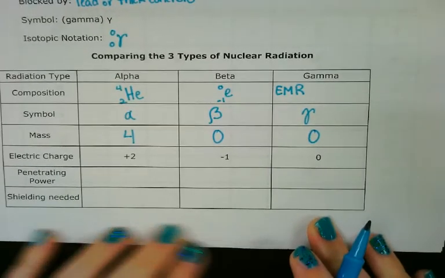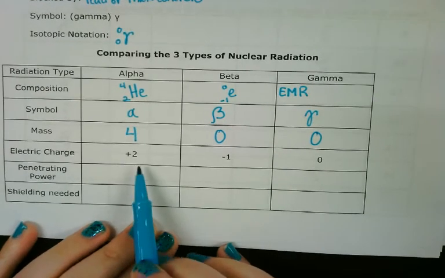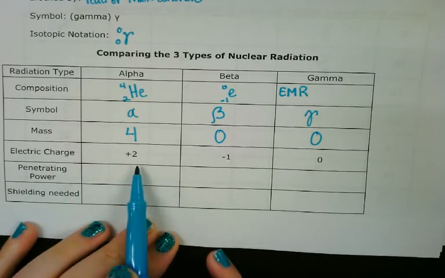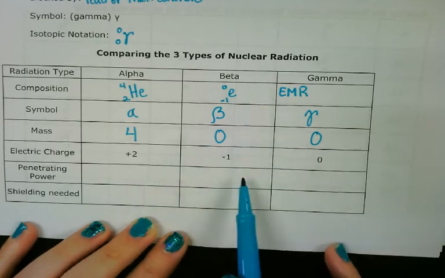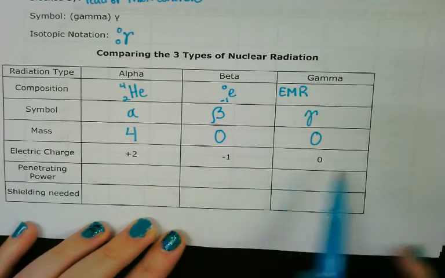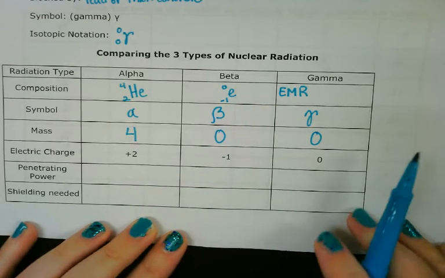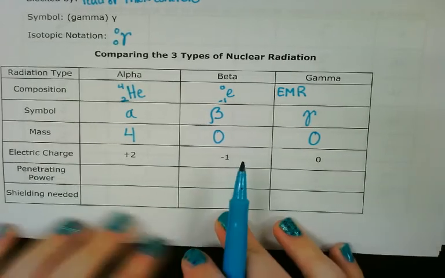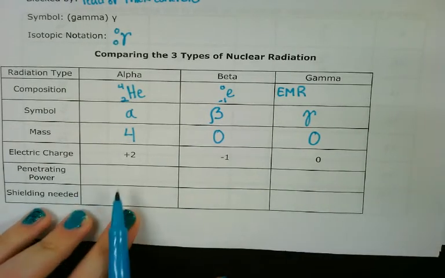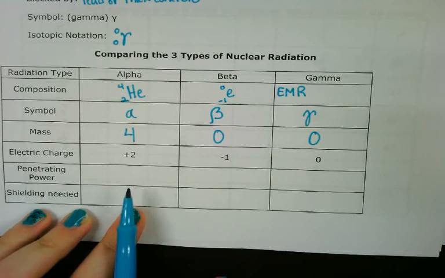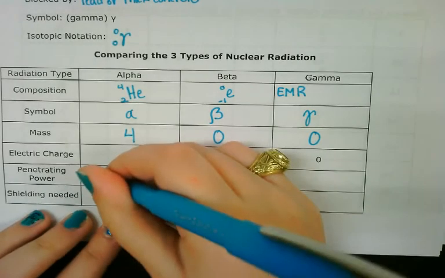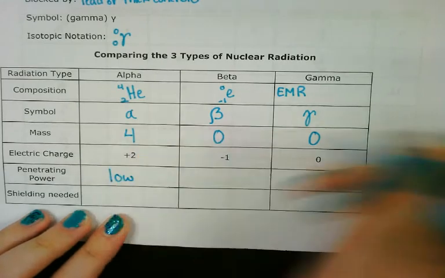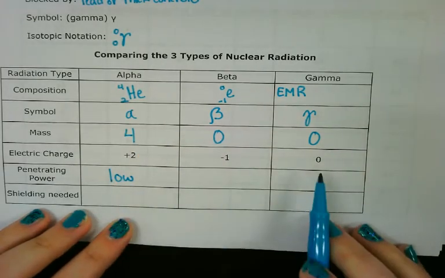Alright, so the electric charge is given to you, right? So alpha's electric charge was 2. Beta was -1. And gamma is 0. Awesome. So let's talk about our penetrating power. What was the penetrating power of our alpha particles? Low, right? I always like to think of these in alphabetical order.